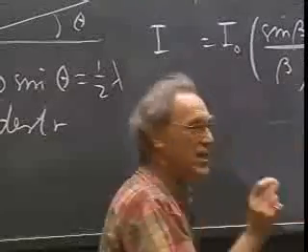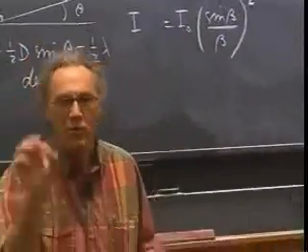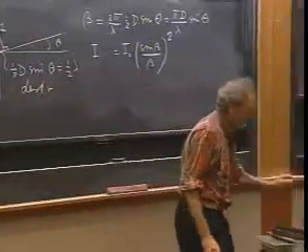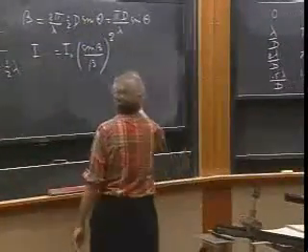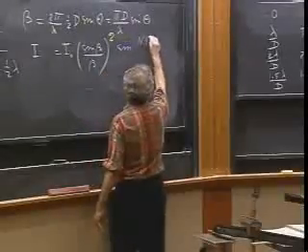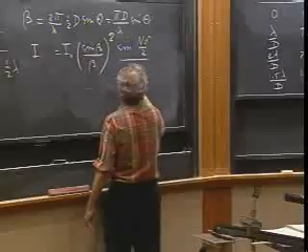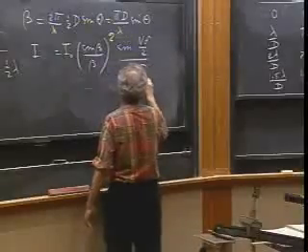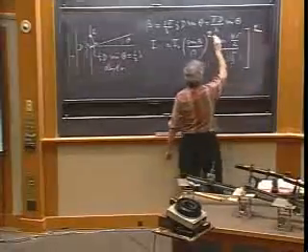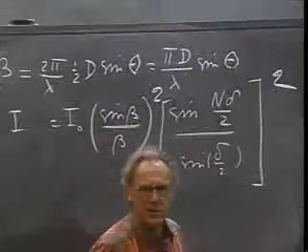This capital D is the opening of each groove in your grating, and little d is the separation between the grooves. Then I can write down here times the sine of n delta over 2 divided by the sine of delta over 2. And now I put here the square, and now I have the real grating equation.